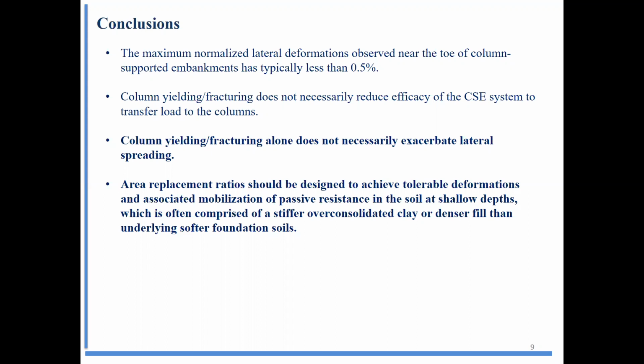Ignoring the benefits of this material may lead to overly conservative designs, all right? And furthermore, subscribing to criteria that precludes yielding of brittle, unreinforced concrete columns will lead to more costly and less efficient designs that have otherwise proven to perform well in appropriate soil conditions.